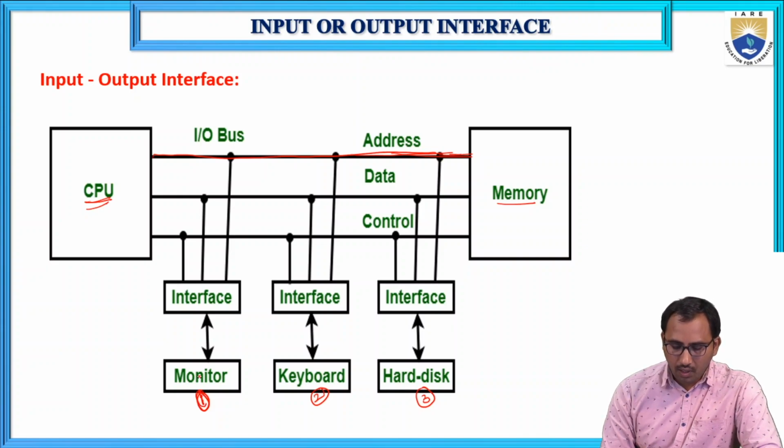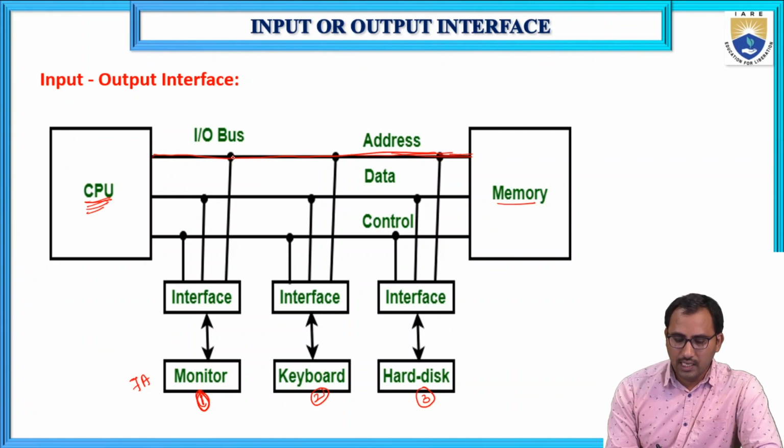Suppose the address of the monitor is 7A. The CPU will place this 7A address in the address bus, which connects to the interface circuit.